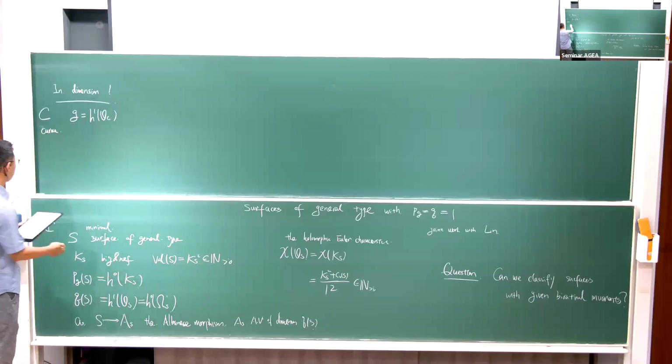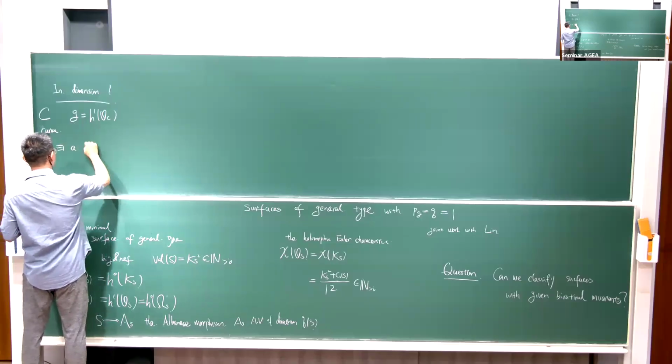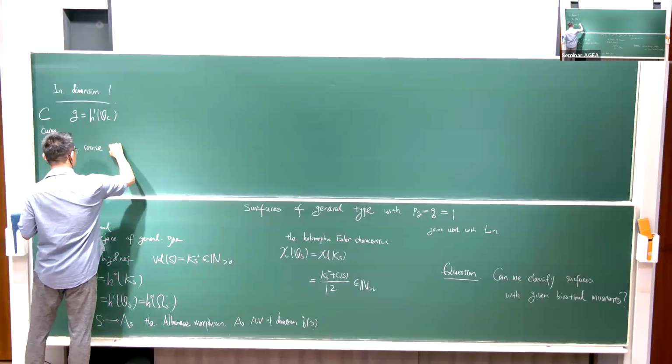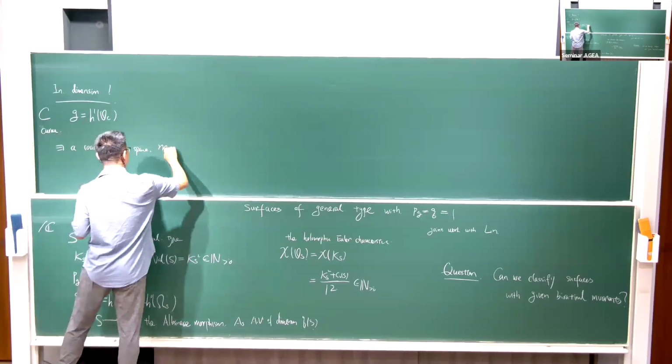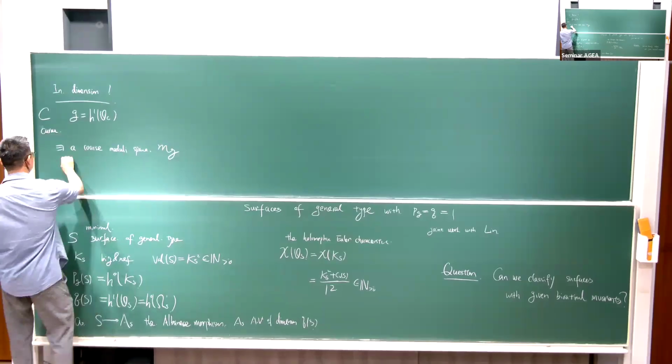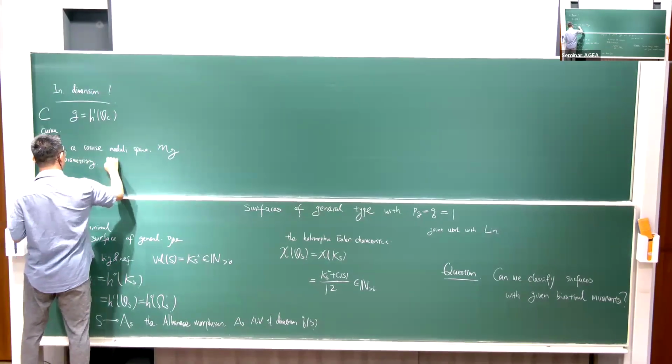Moreover, we also know that there exists a coarse moduli space M_g parametrizing curves of genus g.